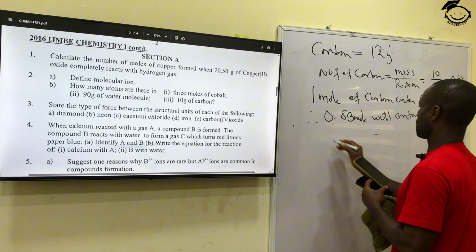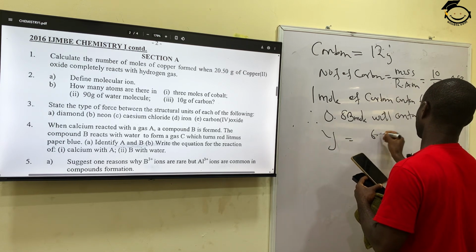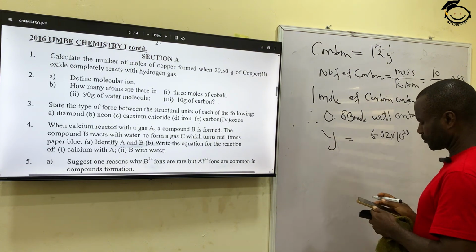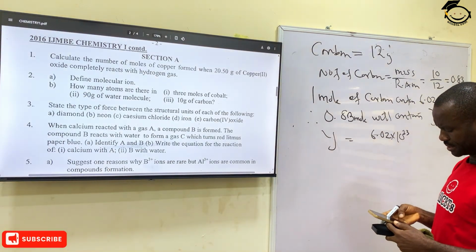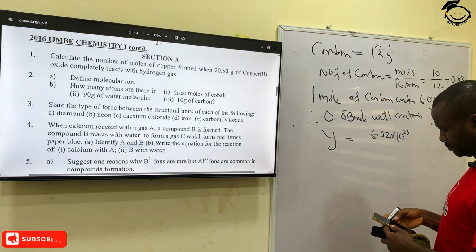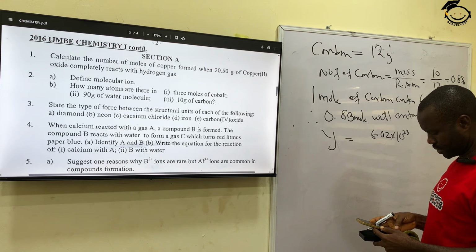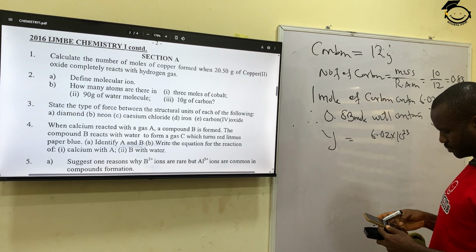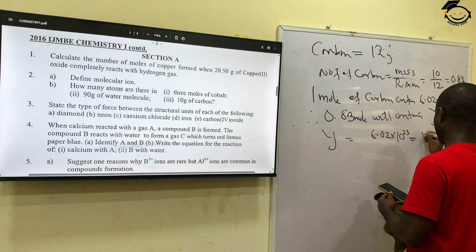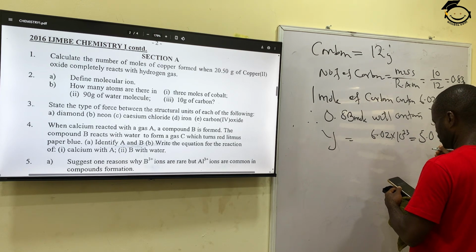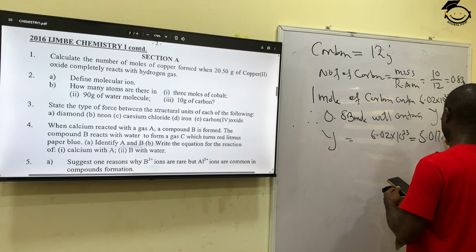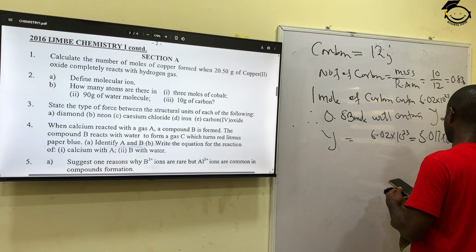So Y equals 6.02 times 10 raised to power 23 times 0.83, that gives us 5.017 times 10 raised to power 23 atoms.